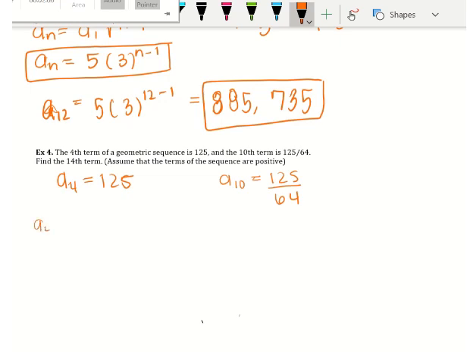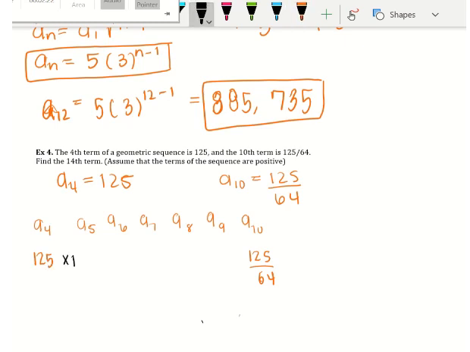So I'm going to do kind of like what I did for the geometric sequence: A4, A5, A6, A7, A8, A9, A10, and we know this is 125 over 64, and we know this is 125.